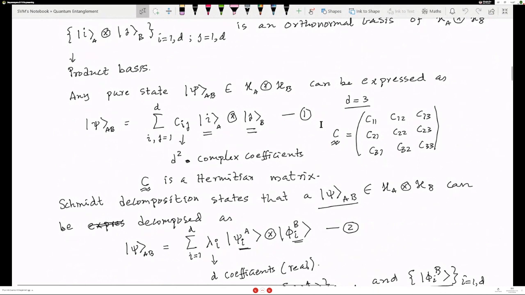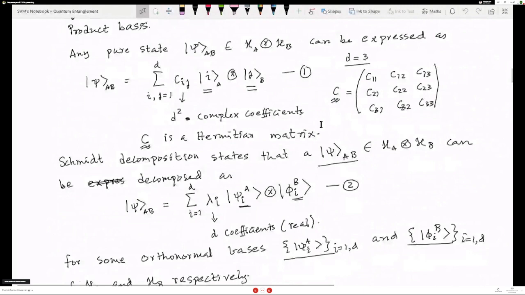But why is C Hermitian? What that means is that Cij is equal to Cji star.